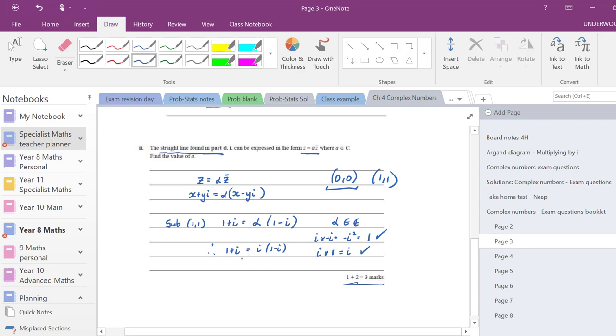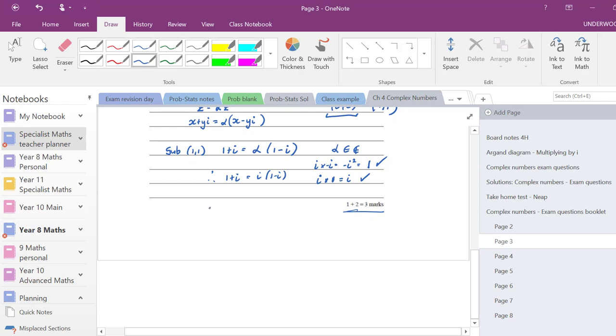Or we could do it the long way. So you could do it by inspection, or we could say, okay, alpha is equal to 1 plus i over 1 minus i. Now we've got to multiply by the conjugate. 1 plus i squared is going to be 1 plus 2i plus i squared.